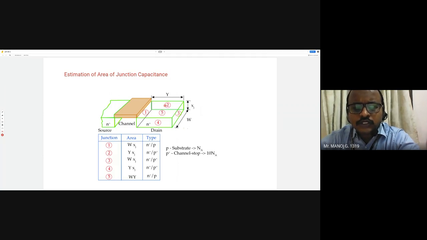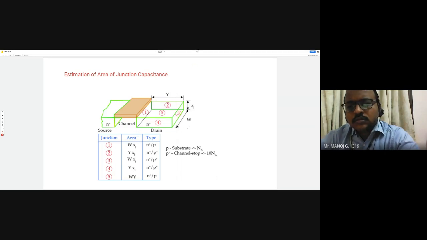What is the length of junction 2? Length, ma. Junction 2's length, ma. This is the area you have to calculate. Now, what is the length? Think, Gopika. Look at the picture.